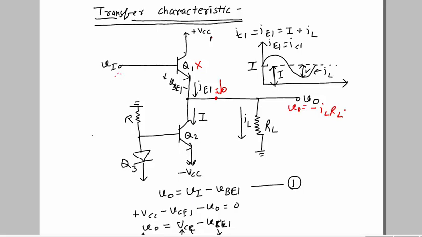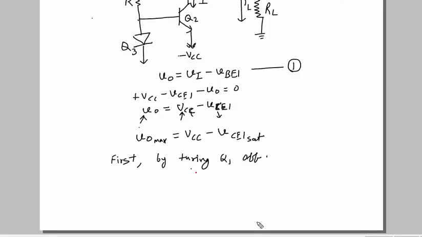So this was the one condition, by keeping Q1 off, V0 min equals minus IL into RL. IL is I, so minus I into RL, we can see here.